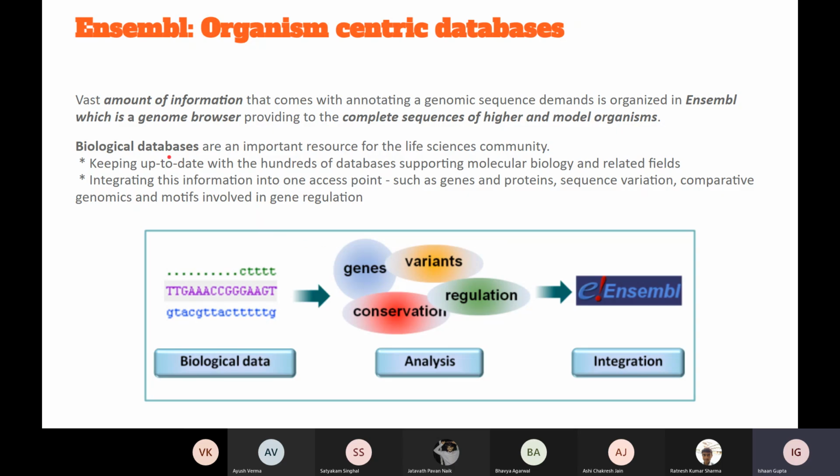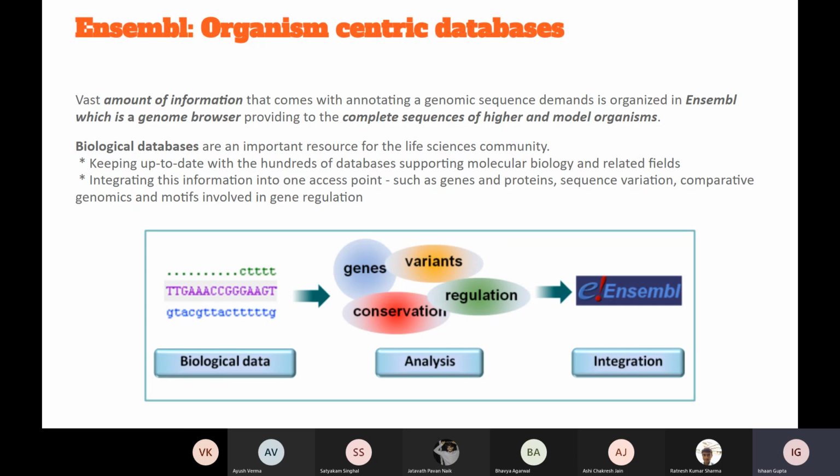Because they are secondary databases, they are based on primary information that is deposited. These databases are often updated, and you will have different versions of them, just like I showed you earlier for the MEME Suite, where you had different versions as they were fixing bugs and things like that.